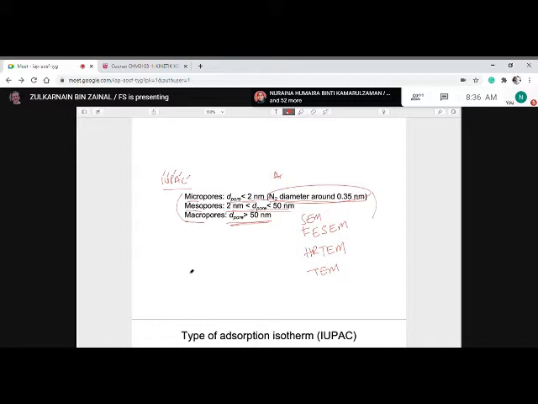For example, you get the diameter, and also the volume of pores, and then it will give you the distribution of, for example, how much is the pore for less than 2 nanometers, and this is 50 nanometers, and then you can get the idea of what pore is the majority pore in your materials.